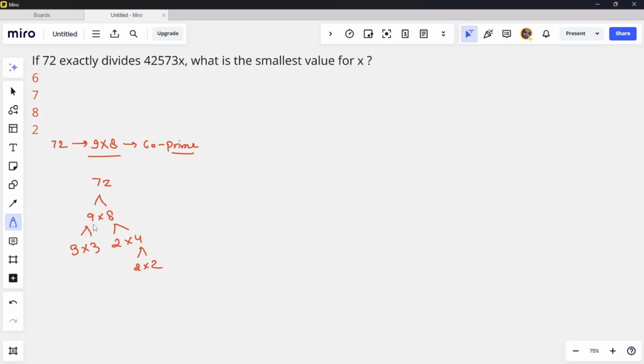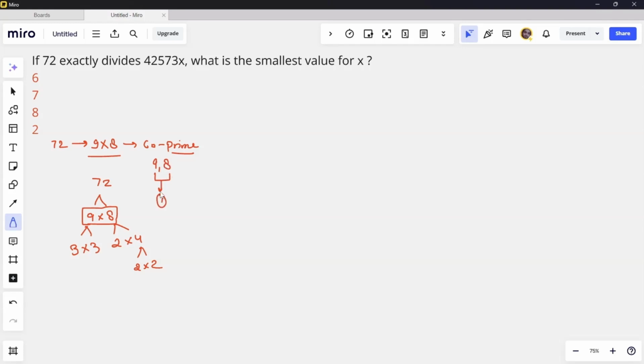Now, let's find out the co-prime pair. Co-prime numbers are those numbers, basically it cannot be a single number, it will be a pair of two numbers. Let's take an example of 9, 8. Is there any common factor between these numbers except 1?